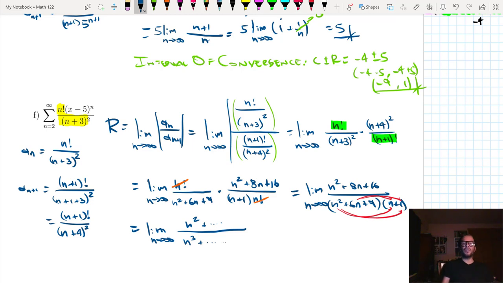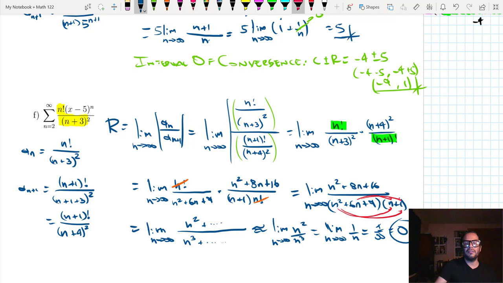So we can just disregard the garbage terms and get approximately the limit of n squared over n cubed. This is basically the limit as n approaches infinity of 1 over n, which is 1 over infinity, which is 0.